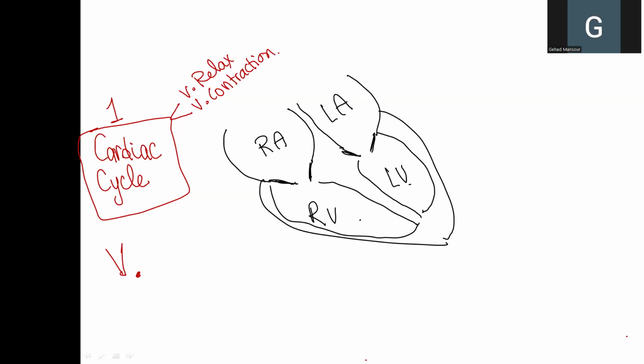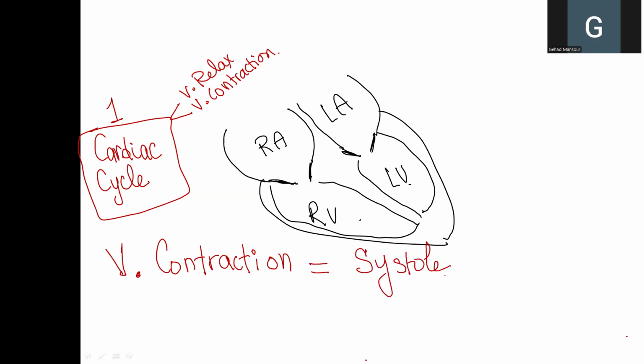So the second event in the cardiac cycle is ventricular contraction. We called ventricular relaxation diastole. What do we call ventricular contraction? We call it systole.